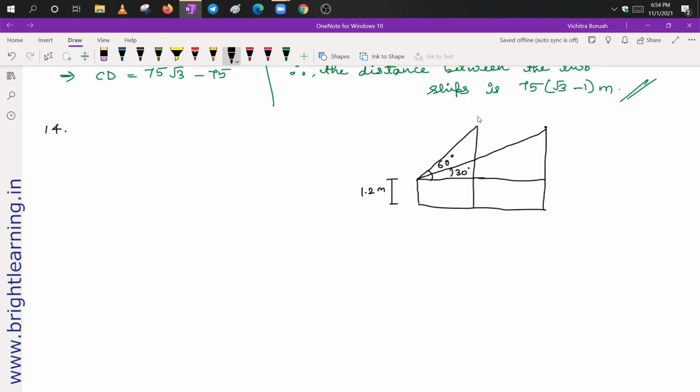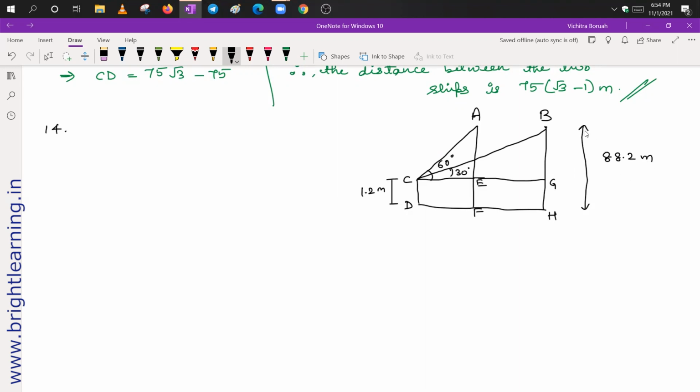So let's keep the namings here. Suppose the balloon is at point A. After some time the balloon traveled to a distance, suppose point B. Next, suppose CD is the height of the girl, which is 1.2 meters, and this point is suppose point E and point F. And suppose this point is G, and this point is point H. Also, we are given that the balloon is at a height of 88.2 meters.